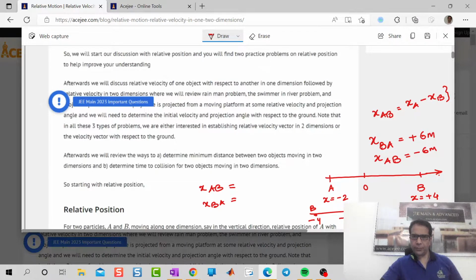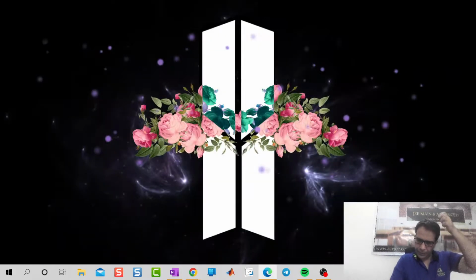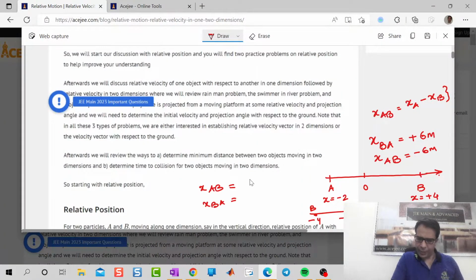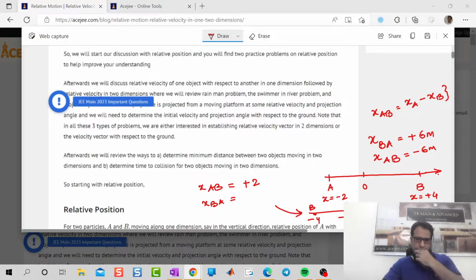So 2 plus 2. That will be plus 2. What will be the relative position of B with respect to A? We are talking about this scenario. So minus 2.